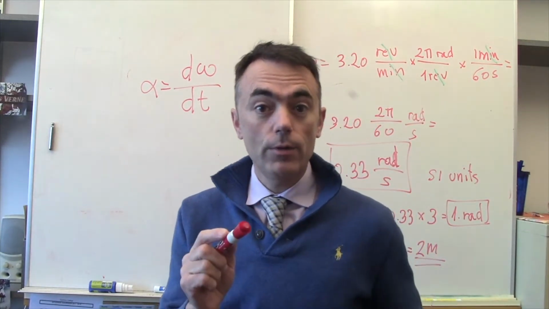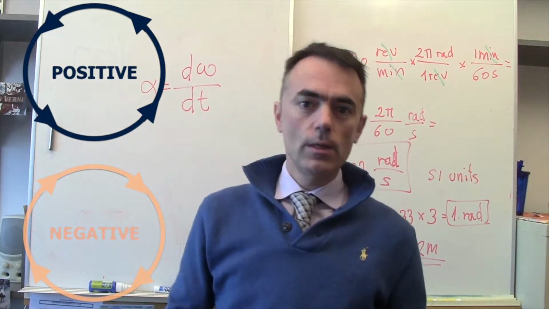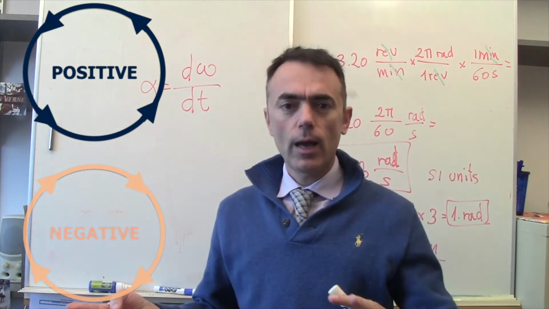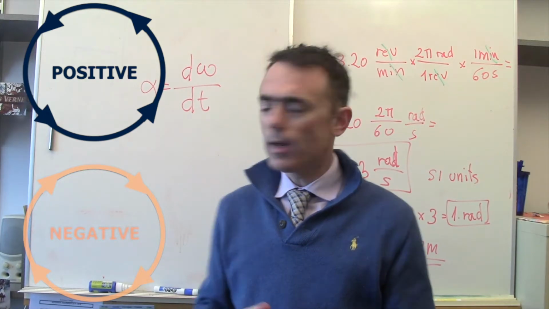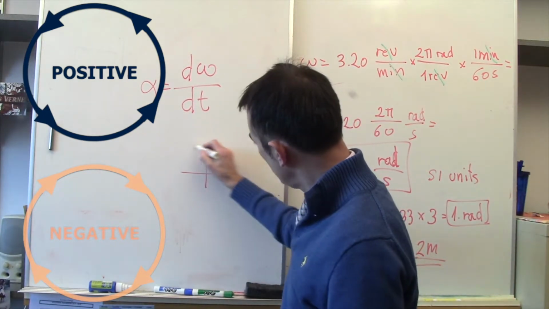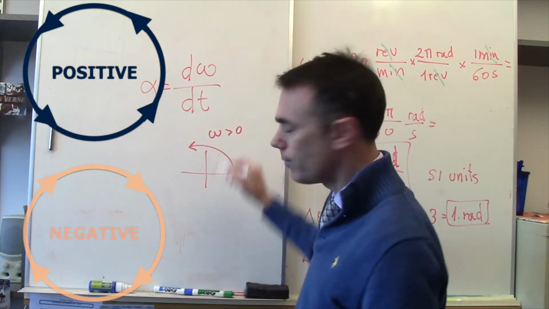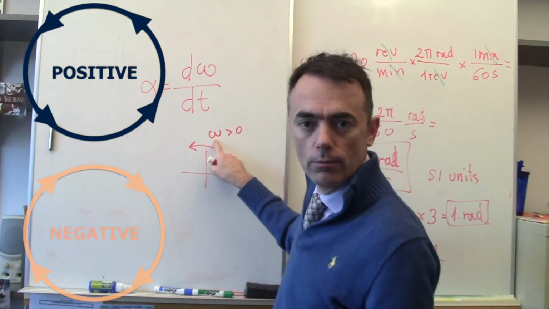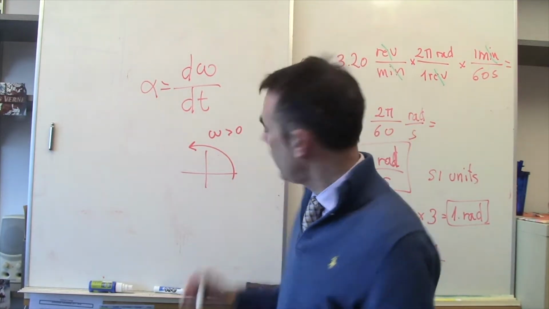Remember the sign criteria in rotational motion. Positive is going to be counterclockwise, so we can have positive and negative angular velocity and positive and negative angular acceleration. For example, if an object is moving counterclockwise, we know that omega is going to be positive, but the magnitude of this angular velocity can be decreasing, so we are going to have a negative acceleration.